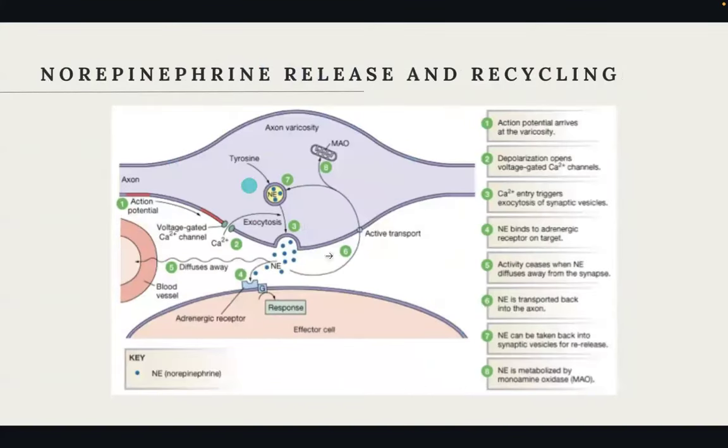Now, this is just a very random miscellaneous slide, but let's discuss it. First of all, you're going to have an action potential propagating down your axon. This is going to cause the stored vesicles of norepinephrine and epinephrine to get released. How do they get released? The action potential is going to trigger an intake of calcium.